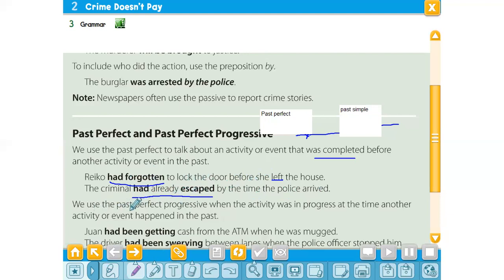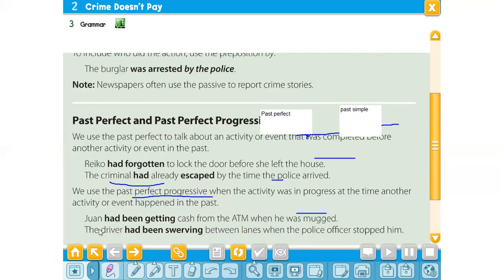We use the past perfect progressive when the activity was in progress, took a long time in the past, at the time another activity or event happened in the past. For example, Juan had been getting cash from the ATM when he was mugged.